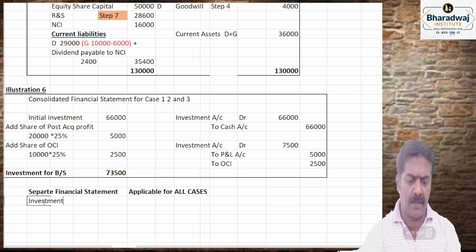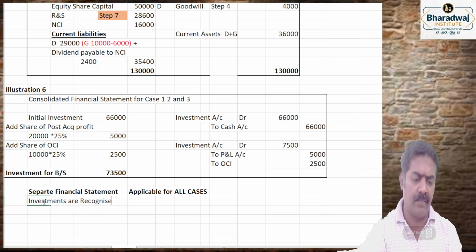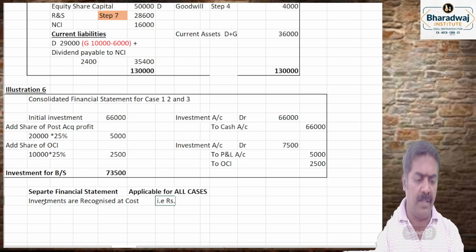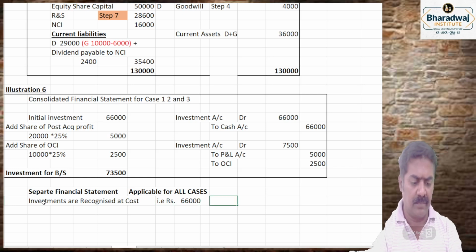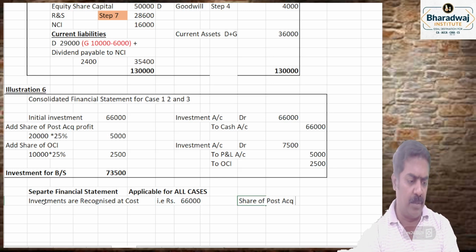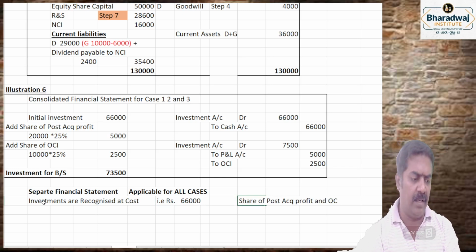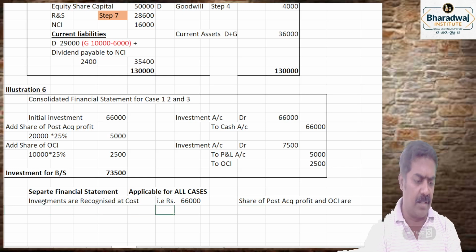Investments are recognized at cost. That is rupees how much? 66,000. Share of post acquisition profit and OCI are not considered.